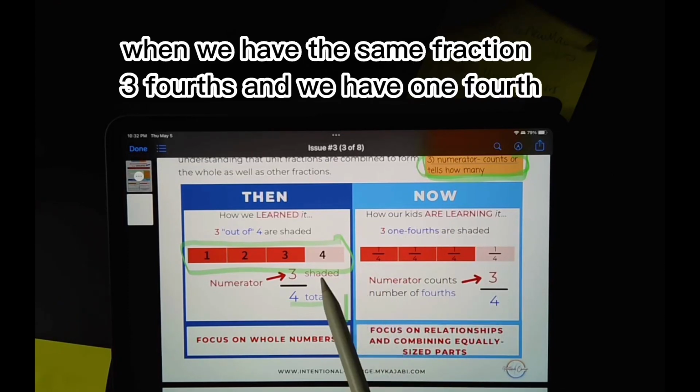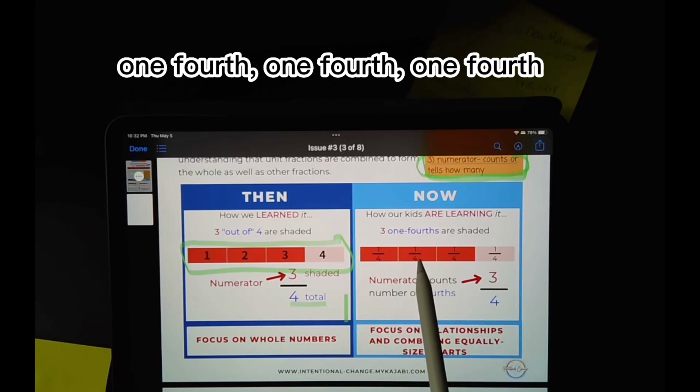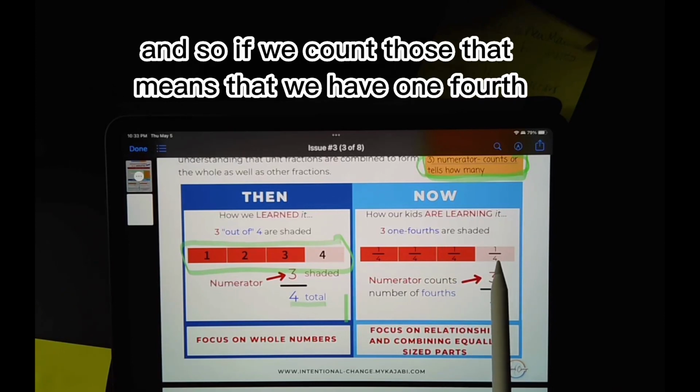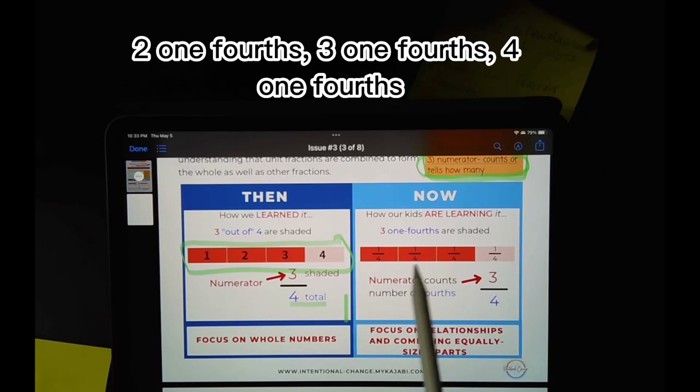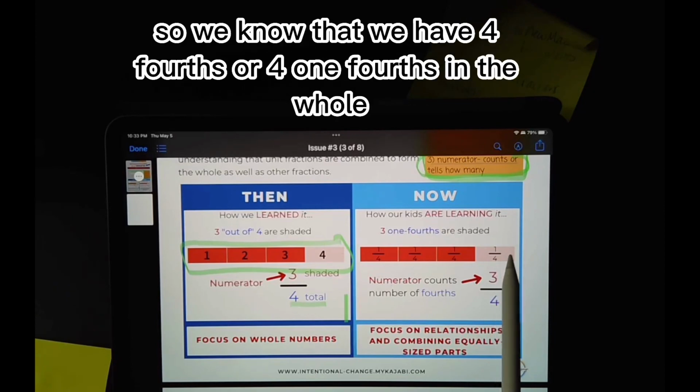But now, this is how our kids are learning it. When we have the same fraction, 3/4, we have 1/4, 1/4, 1/4, 1/4. If we count those, we have 1/4, 2 1/4, 3 1/4, 4 1/4. So we know that we have 4/4, or 4 1/4, in the whole.